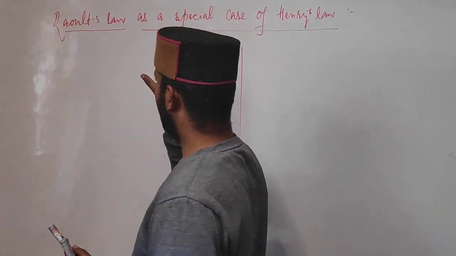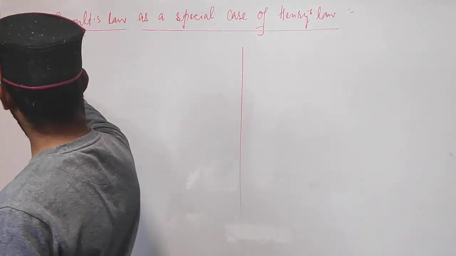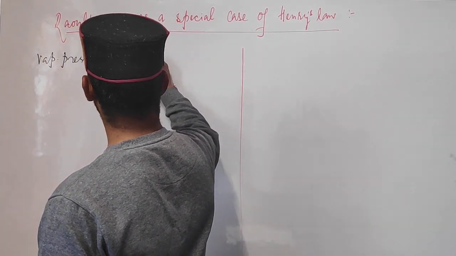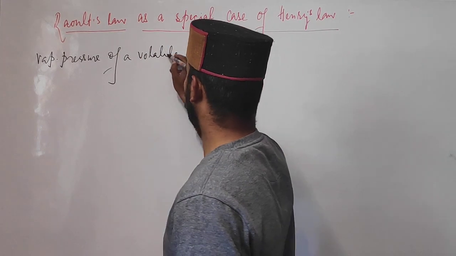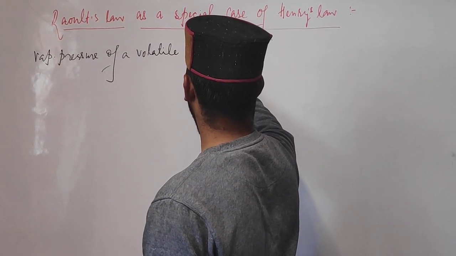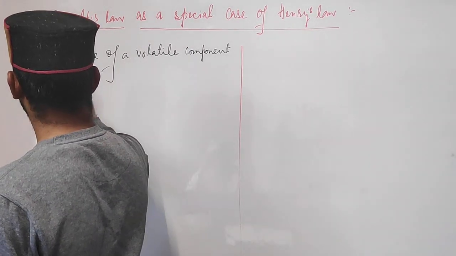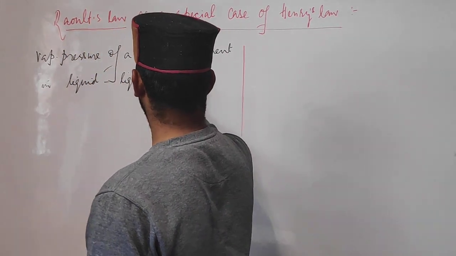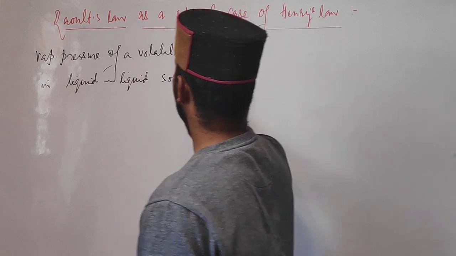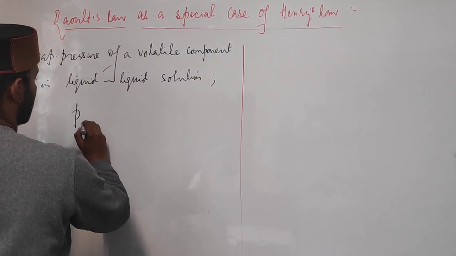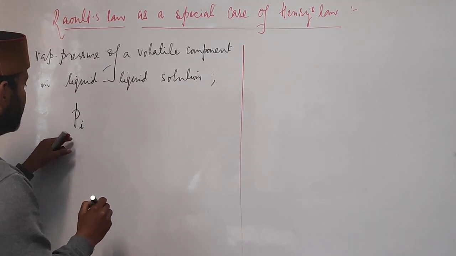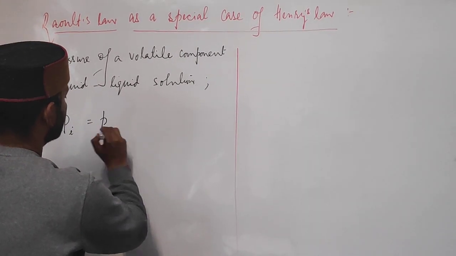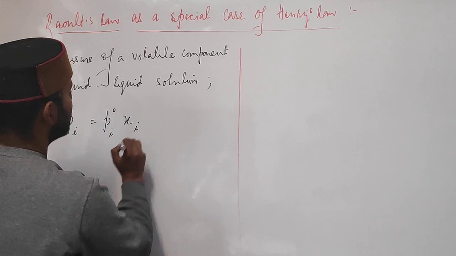According to Raoult's law, the vapor pressure of a volatile component in a liquid solution, that is the partial pressure of one of the components, is equal to its vapor pressure in the pure state into its mole fraction in the solution.